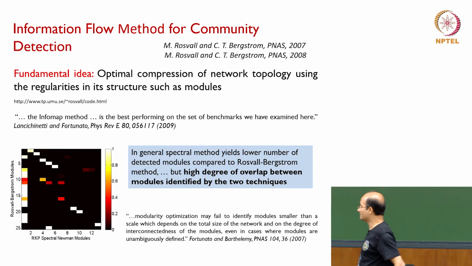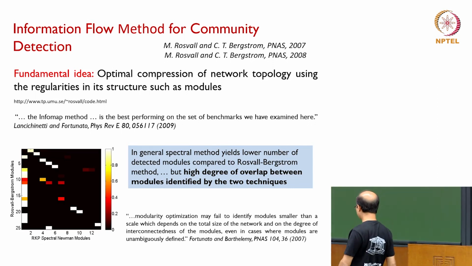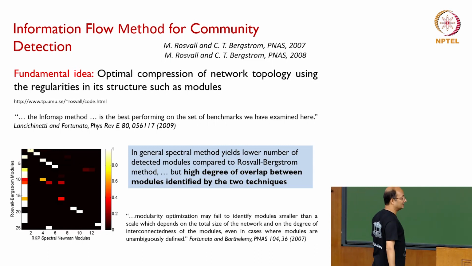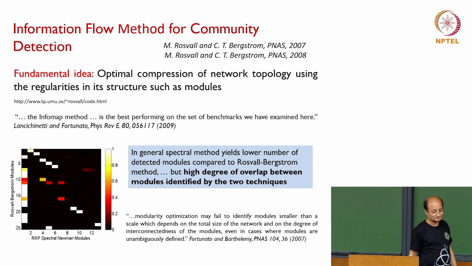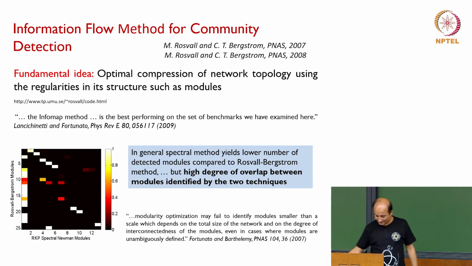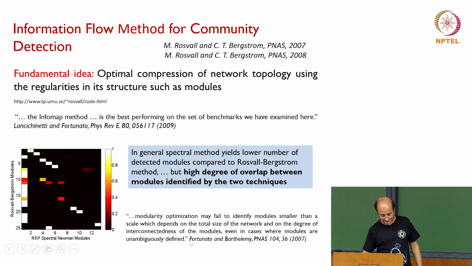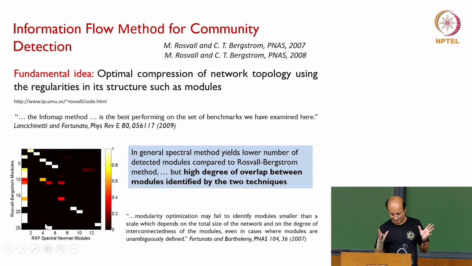Using this approach, you can also try to find the best modules. It turns out that the spectral method proposed by Newman and this method proposed by Rosvall and Bergstrom have quite a high level of consistency with each other.